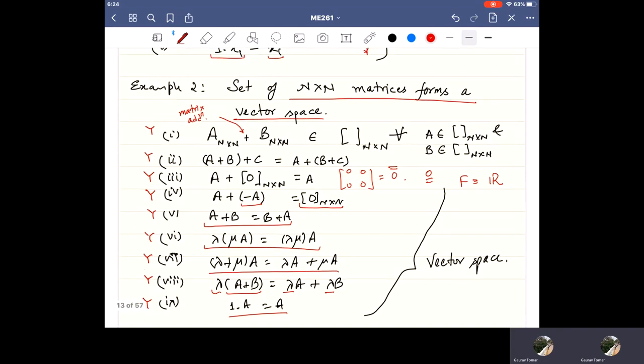Anyway, because it satisfies all the 9 properties that we had laid out, this triple, I'll denote it as the set of all the n cross n matrices that you can think of, with the plus as the matrix addition as the binary operation, the field of real numbers, and the scaling function f. Together, when you put them together, you get a vector space. So that's the definition of a vector space.